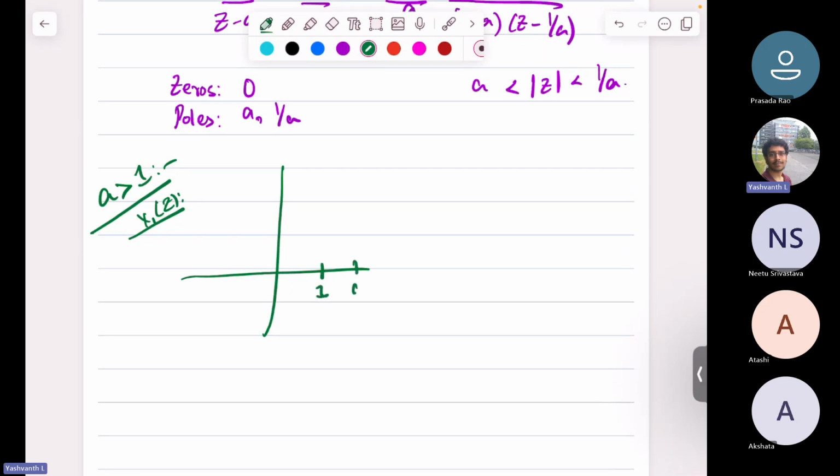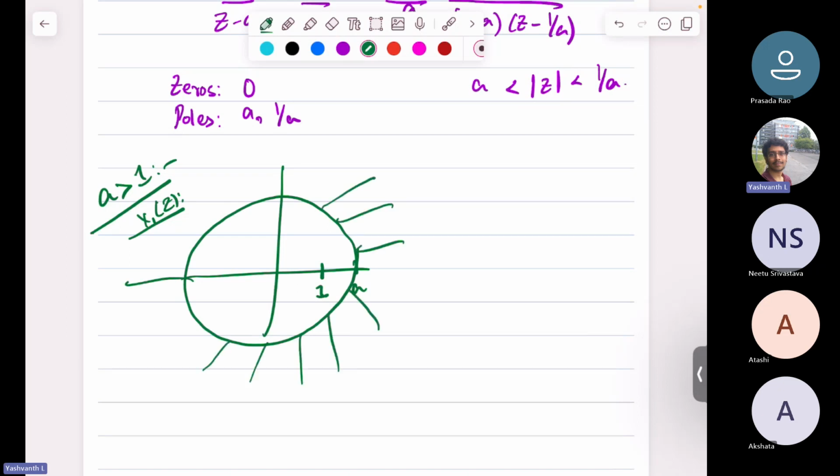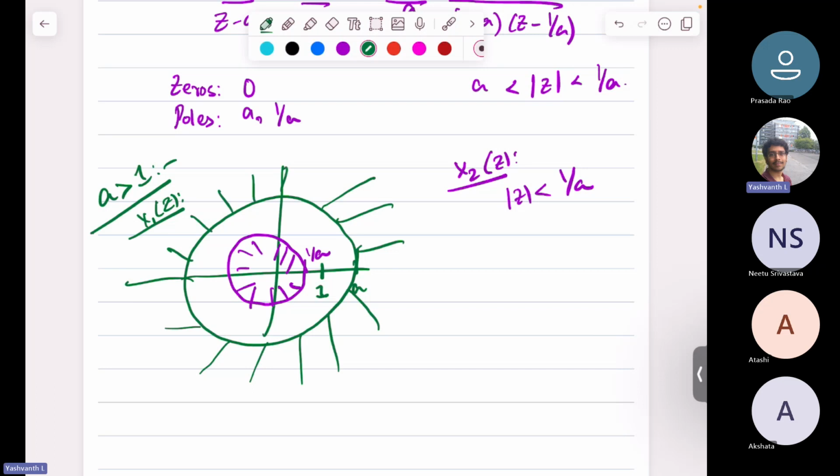The 1 is here, A is here, and this is a circle, and this is greater than A. And similarly for x2 of z, it's mod z less than 1 by A. When A is greater than 1, 1 by A will be less than 1. So you have 1 by A here, and that will be mod z less than 1 by A. So it's interior to the circle. Now tell me what is the common intersection region?